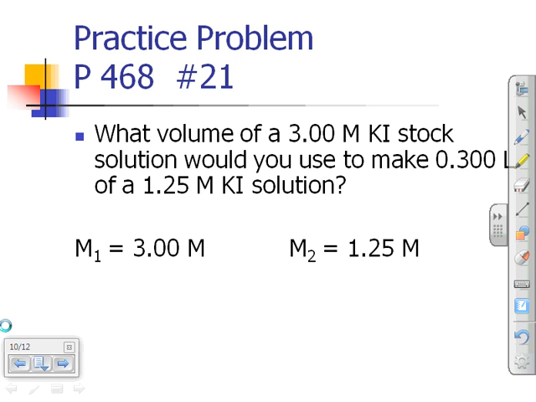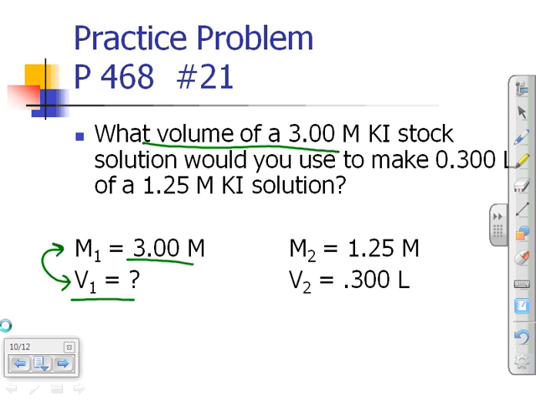Again, the whole key is to identify your knowns and unknowns, just like the gas laws. You must do that. Question is, what volume? So you can set your V1 equal to question mark of a 3 molar stock solution. You know that these two go together. What we're looking for is in 3 molar, because it says what volume of a 3 molar, that goes together.